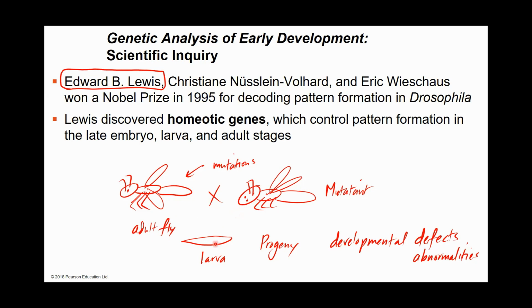And if these genes are important for development, the mutations might affect the process of development, and the larva might not develop properly.